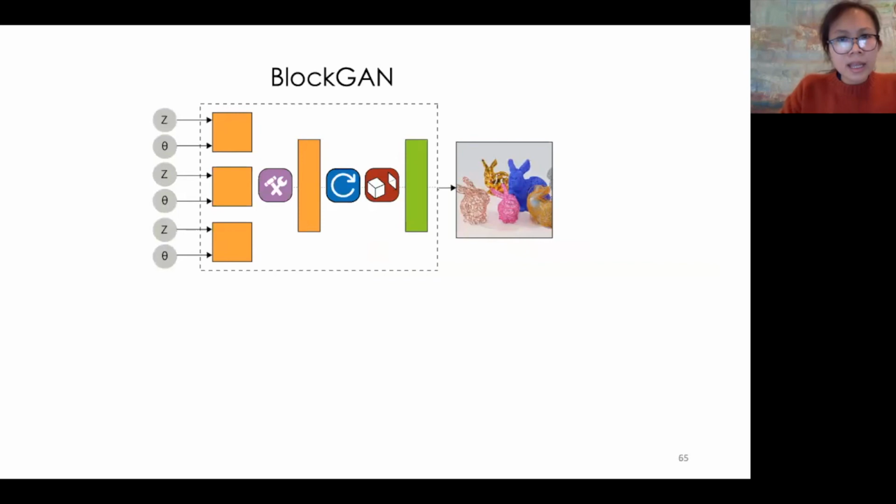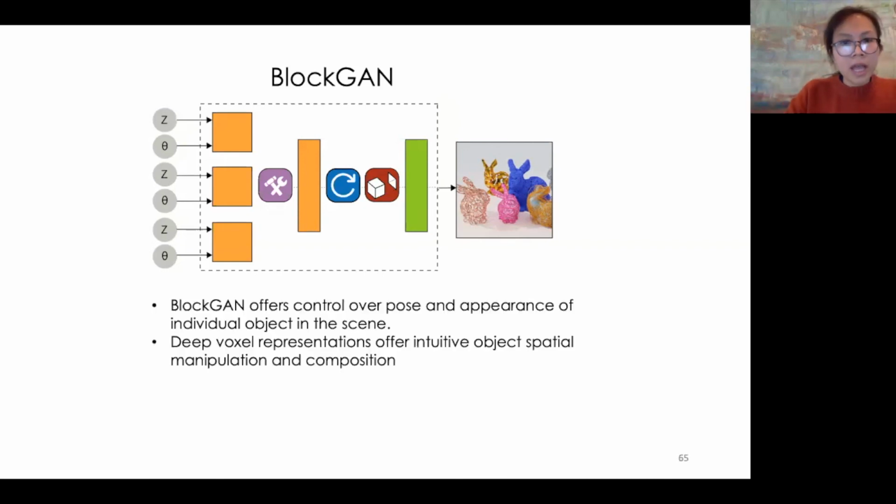So BlockGAN, as I just showed you, is an extension of PlatonicGAN where now the network learns a composable scene representation, so that you can create new scenes by just adding or removing objects instead of just manipulating the pose and appearance anymore.